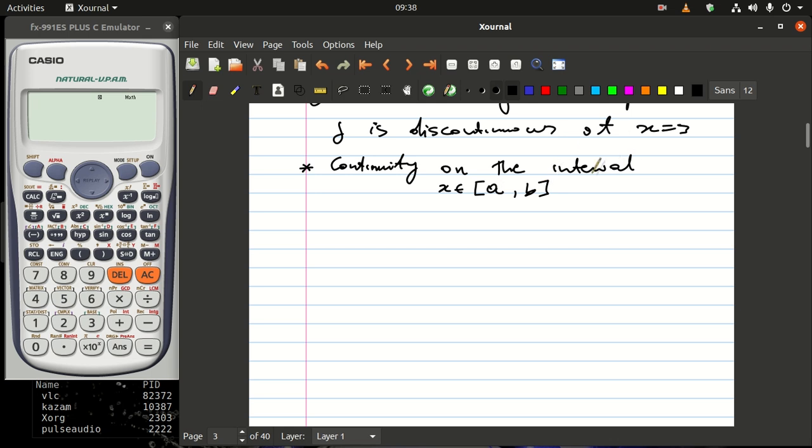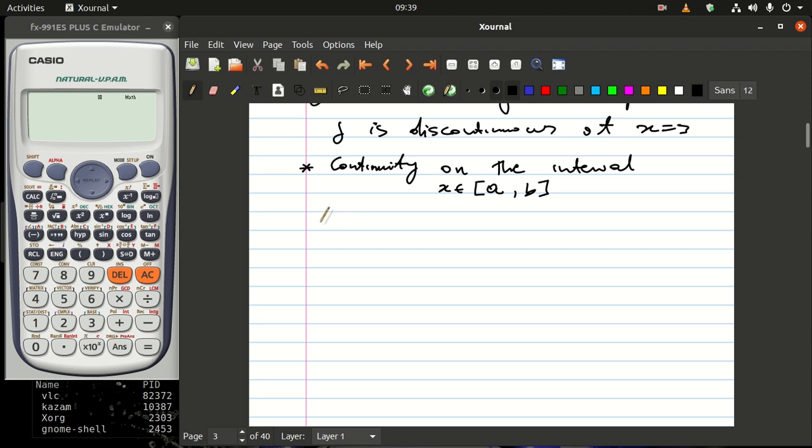The first thing that must happen is that this interval must be in the domain of the function. The second thing is that if I take this value and plug it in the function, it should be the same as the right limit. And the same thing should also happen at the other end. Let me write what I'm saying here.